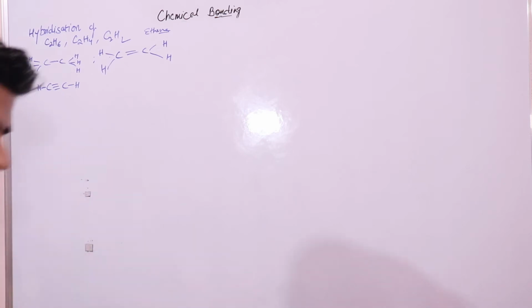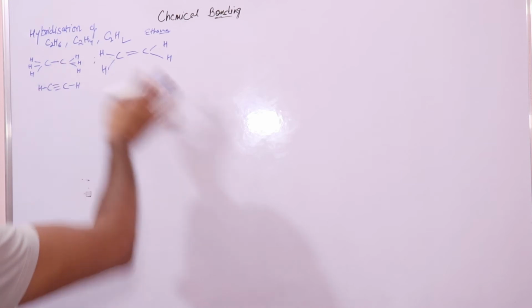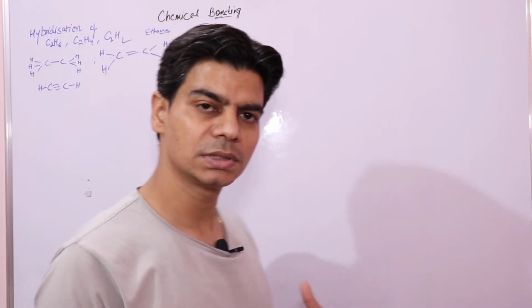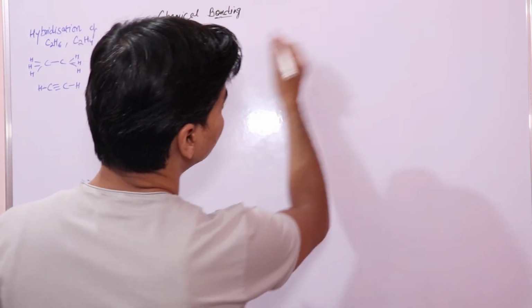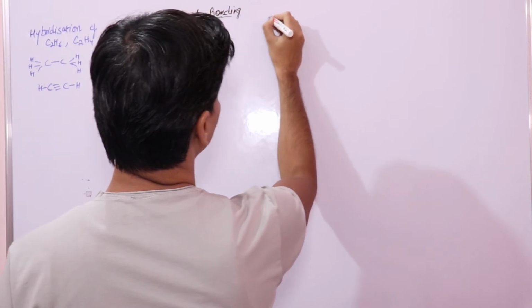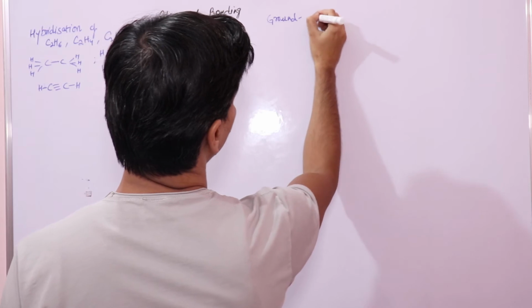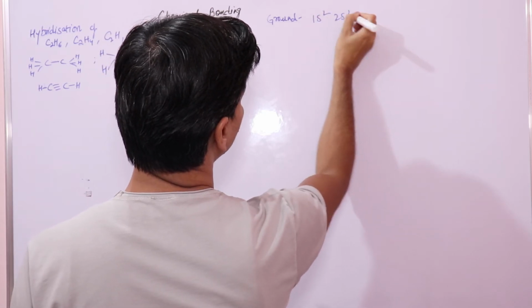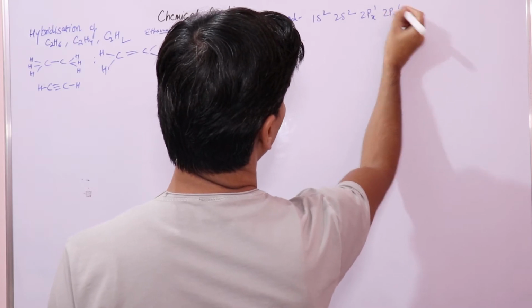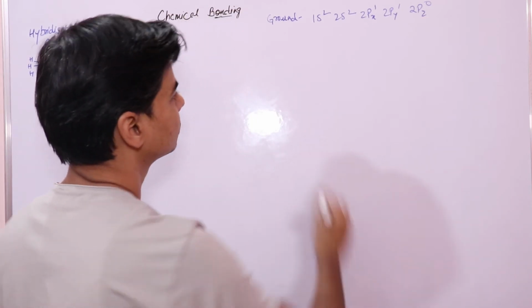Now let's look at the hybridization of each of the carbon atoms in all these three compounds. Let's take the example of first ethane molecule. First, let's write the electronic configuration of carbon. Ground state electronic configuration would be 1s2, 2s2, 2px1 and 2py1, and 2pz0, no electrons, right?